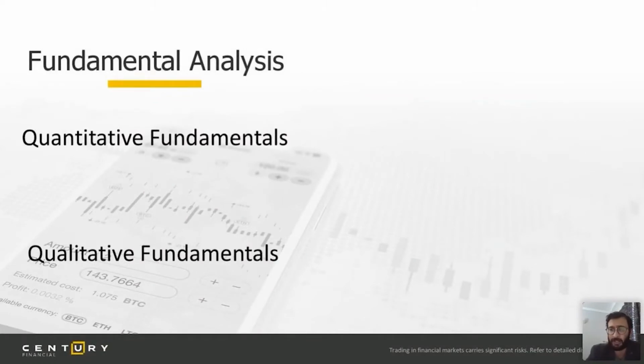By the name itself, it would be slightly clear to you. When we are talking about quantitative, we are talking about any kind of numbers. Quant means numbers. This particular kind of fundamentals will be useful if you want to compare instruments in the same industry.